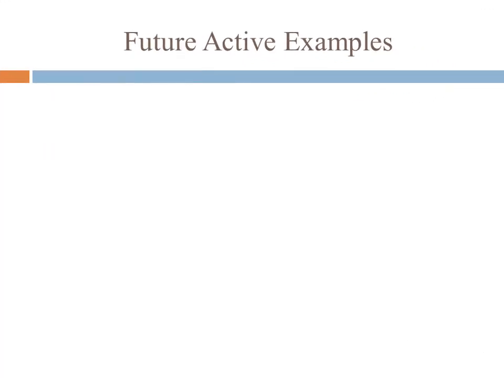Future active examples. These are just a few examples to follow up what we've been talking about. Lusousi ton ochlon, third person plural ending there. Lusousi. That sigma is a tense formative. So we have third person plural future.